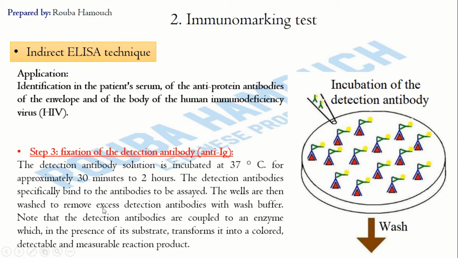The wells are then washed to remove excess detection antibodies with wash buffer. The detection antibodies are coupled to an enzyme. This enzyme will make a chemical reaction with a substrate and will emit a fluorescence color indicating the positive result or the infection with HIV.